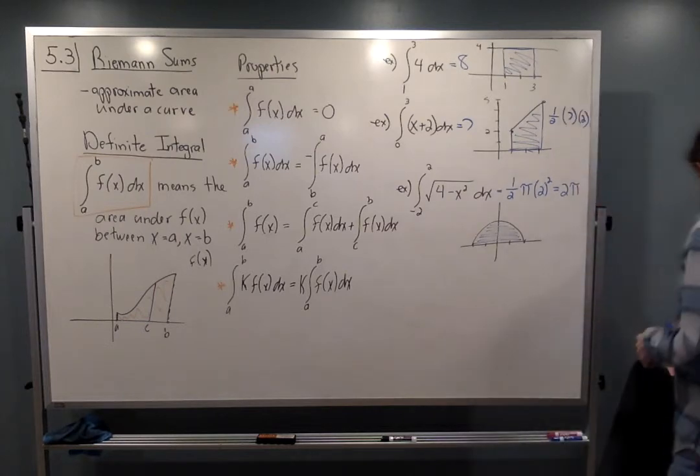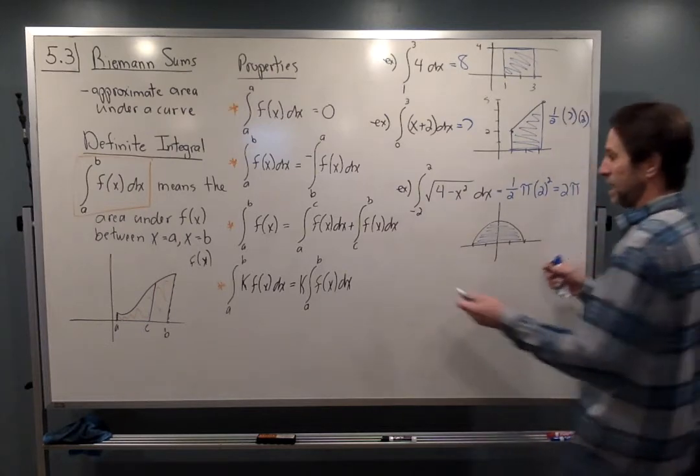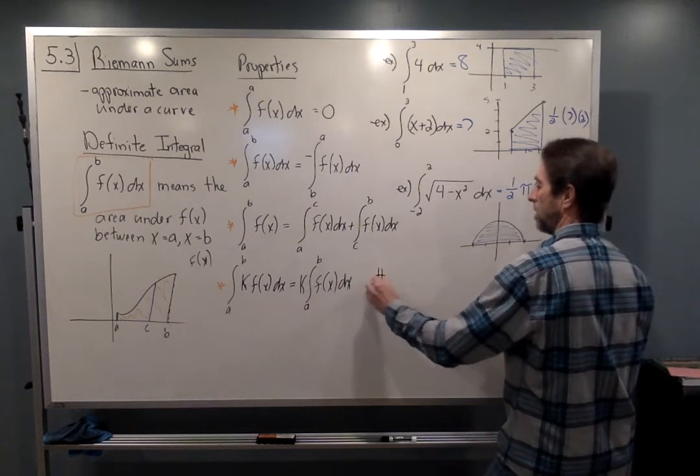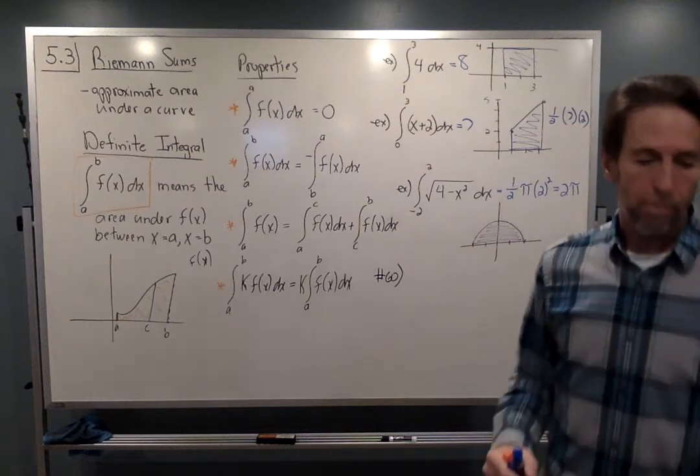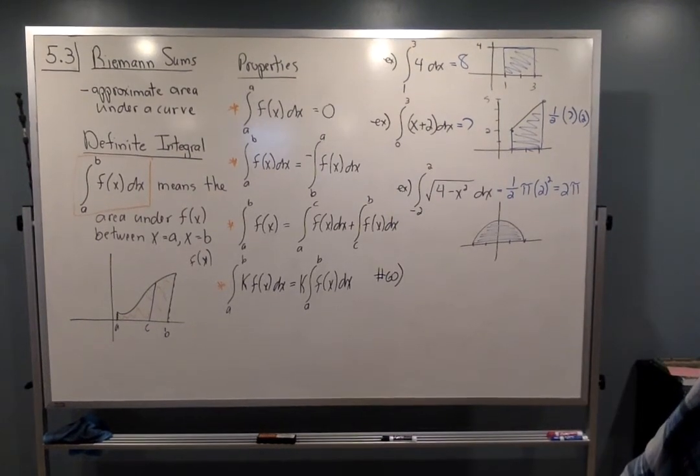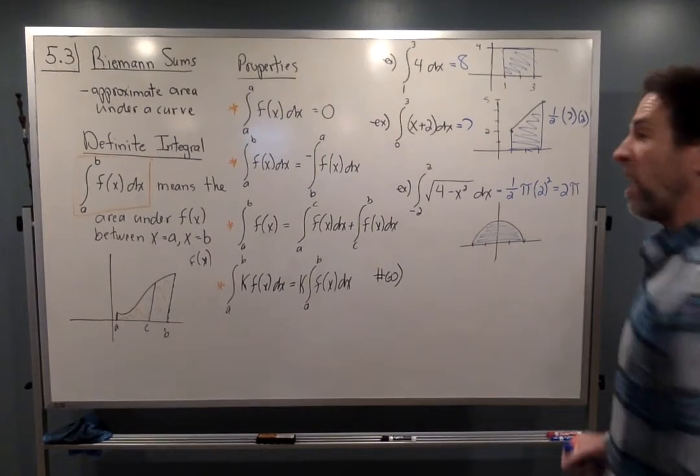Now, there is a problem number 60 in the text, and I'm going to want you to look at it. Number 60, as an example, asks us to integrate log of x from 1 to 2.